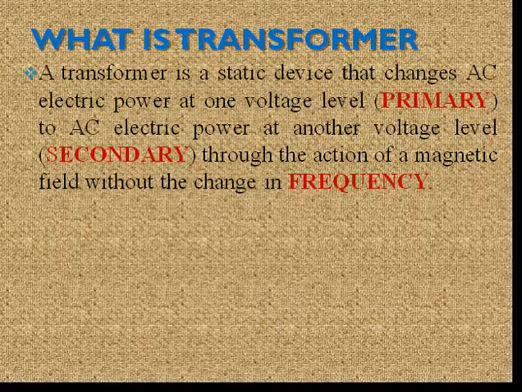That means the frequency in the primary winding and in the secondary winding is equal. If it is 50 Hz, it is constant 50 Hz, or if it is 60 Hz, it is 60 Hz. But the magnitude of the voltage on the primary side and on the secondary side varies.